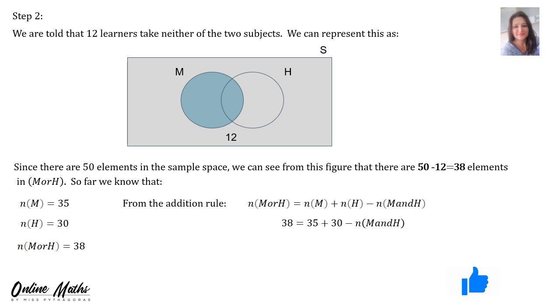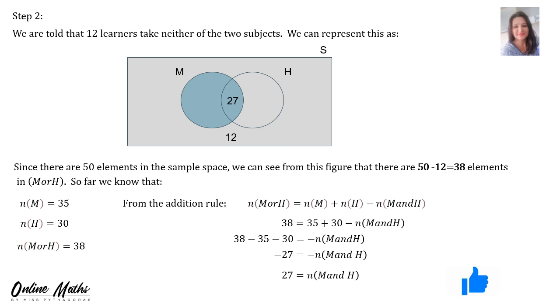And then you take all the numbers across to the one side and we're going to solve for n(M and H). And we get that n(M and H) is 27. So that means that's the intersection. 27 of them take both.